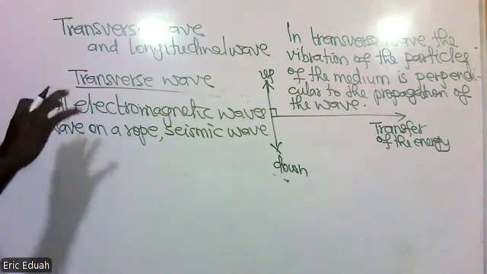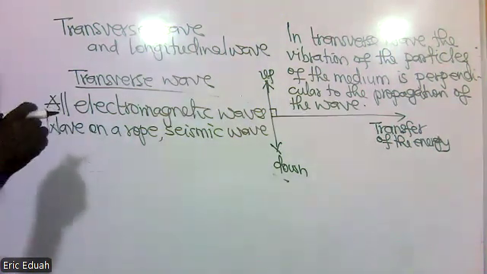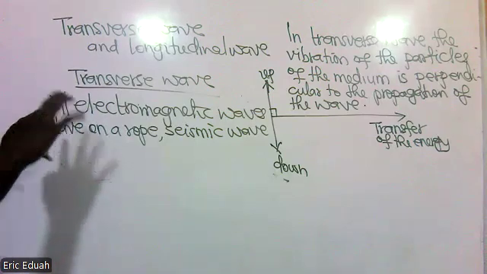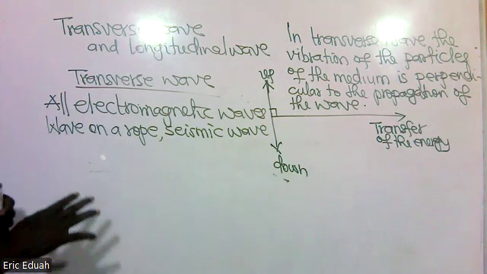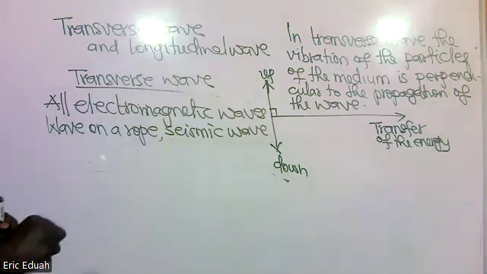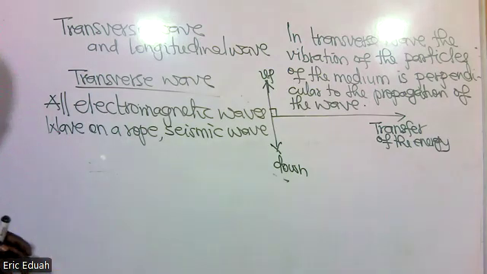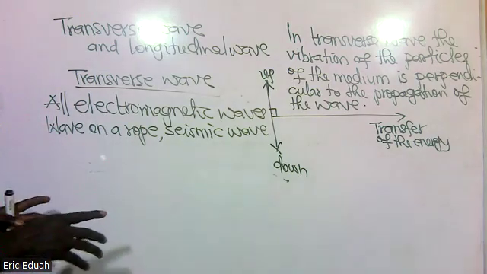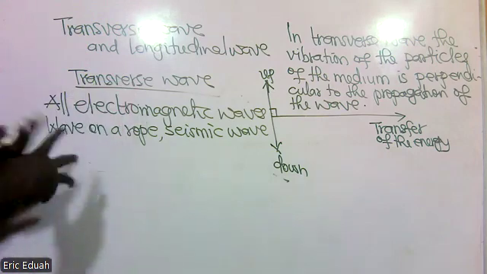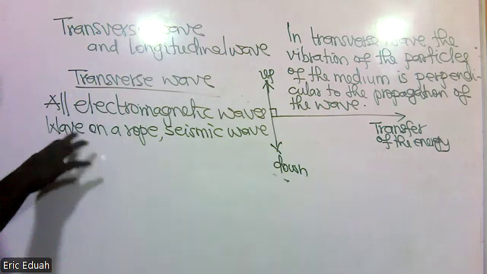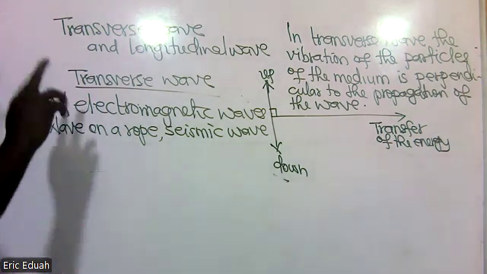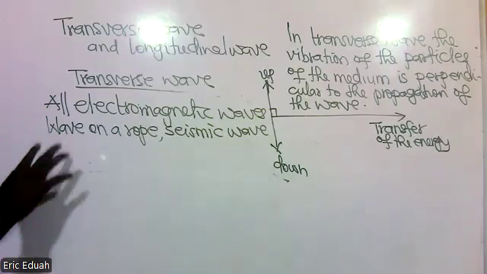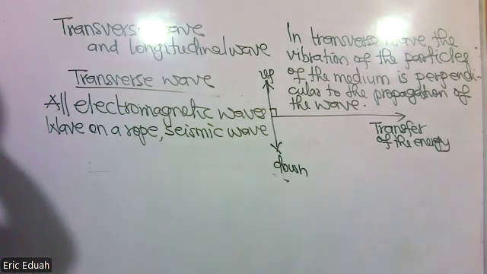Ocean waves are mixed. The waves formed at the surface are transverse, and the waves formed at the deeper part of the ocean are longitudinal. So as for ocean wave, it's mixed. But when we talk about transverse waves, all electromagnetic waves, waves on a rope, and seismic waves are examples of transverse wave.